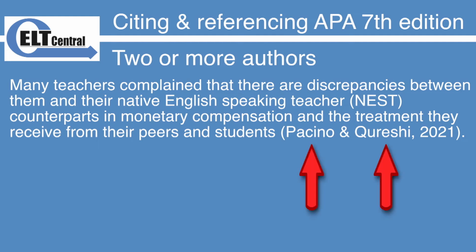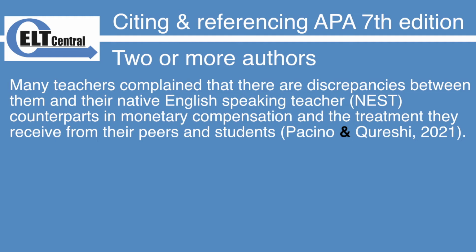You can see here there are two names, Pacino and Qureshi, and some referencing styles like Chicago, for example, use the whole word and, the A-N-D, and some use the ampersand, which is the sort of squiggly and. In APA, we use the ampersand between the names and in the text citation and in the reference. So we can see the first name, the ampersand, and then the second author, a comma, and then the date.